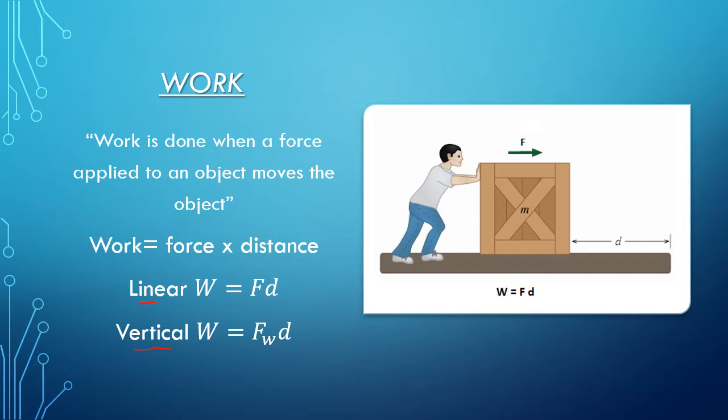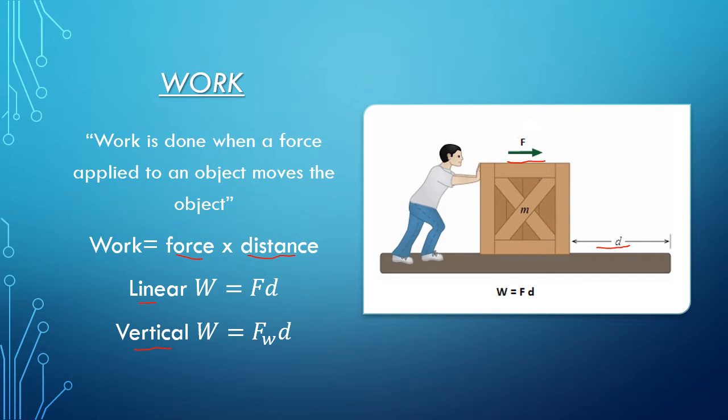So to calculate work, we need to know the force applied to that object, but we also need to know the distance that that object moved. For linear work, it's going to be the force applied, in this picture this green vector here, times the distance that crate was moved.